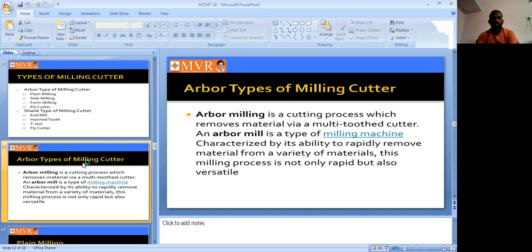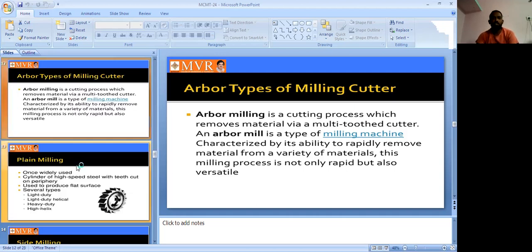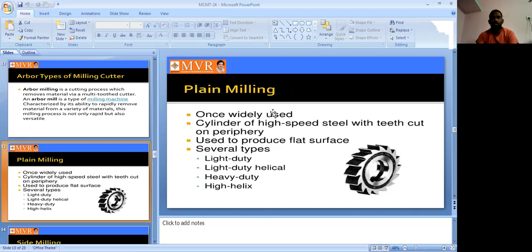Next we can see the arbor type milling cutters. The first one is plain milling, one of the plain milling cutters.